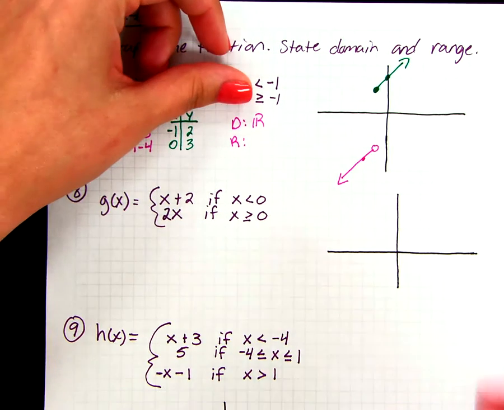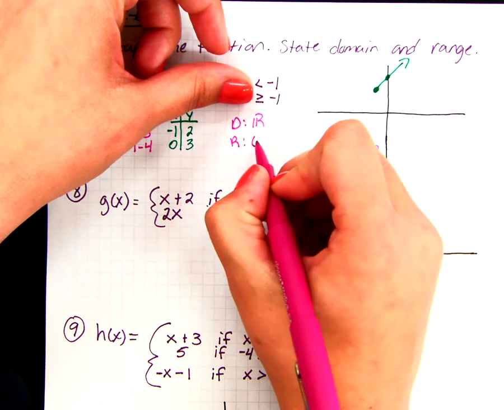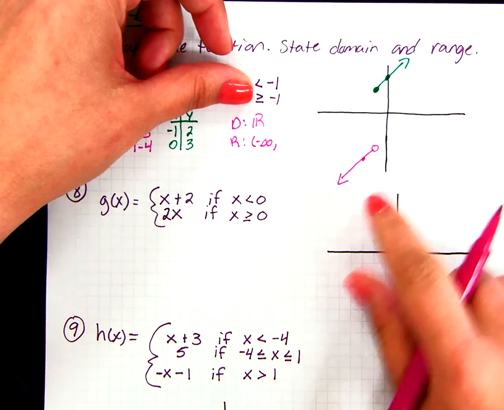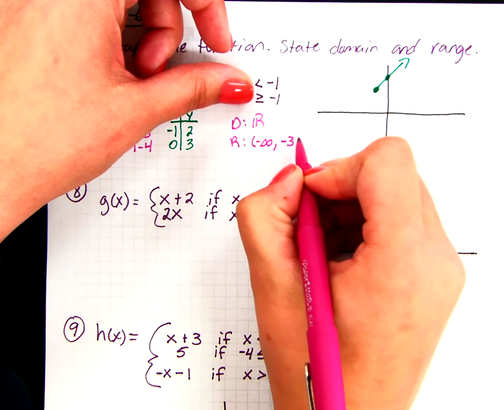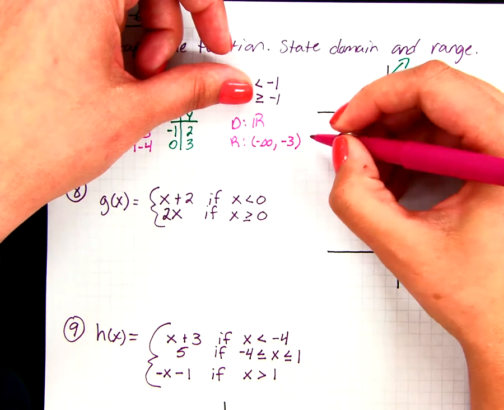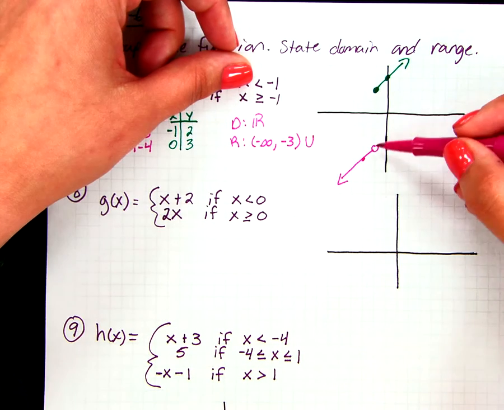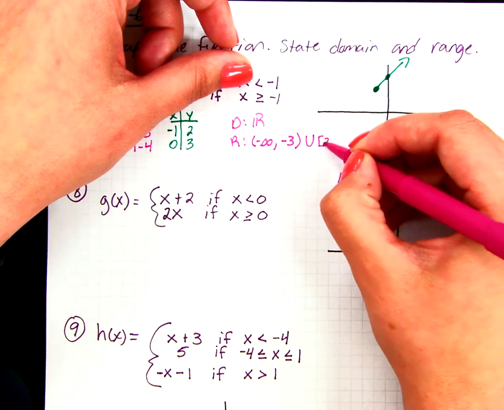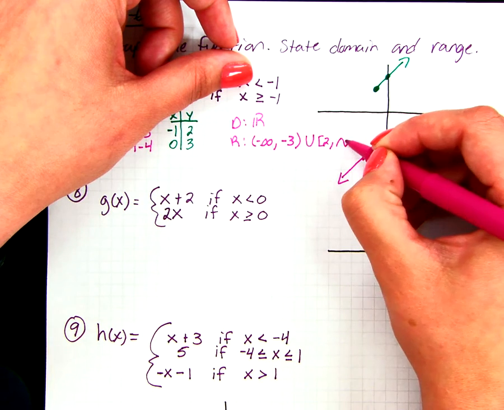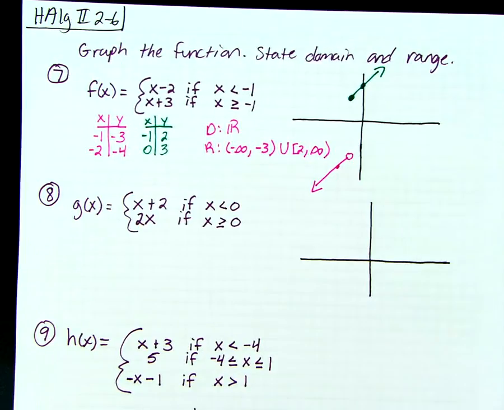So when we're looking at this, our y values are coming from -infinity all the way up to -1, 2, 3. And it's an open circle, so we want a parenthesis. And then we use that u for the or statement. And then our y values start again at +2, and it's a closed circle, so we're going to use a bracket. And then it's going all the way up to +infinity. So that would be the range for that problem.